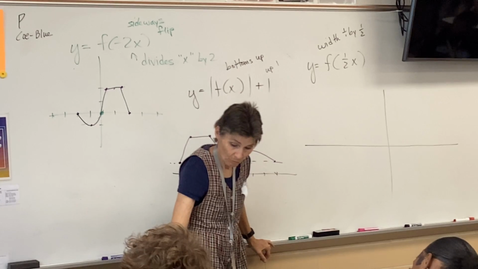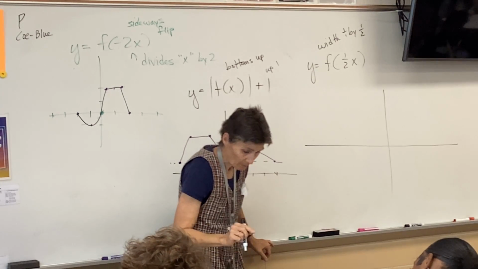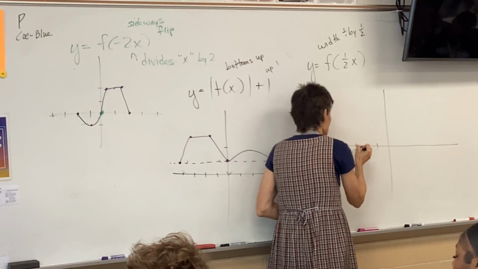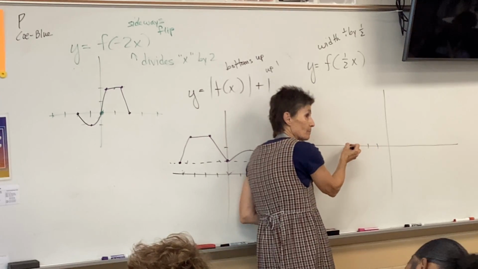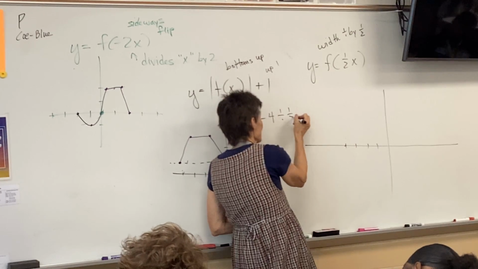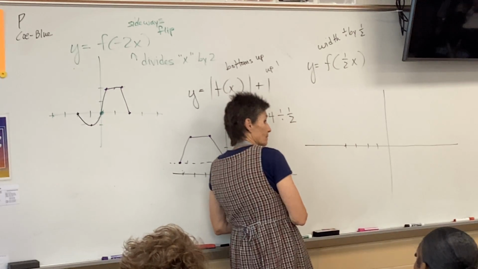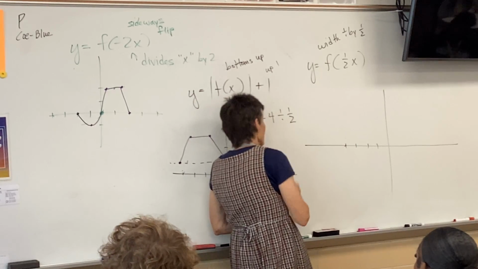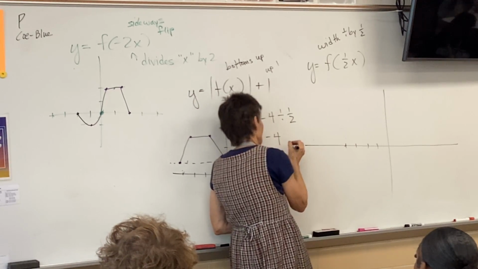So in my original picture, 1, 2, 3, 4, the original point is at -4. What is -4 divided by a half? It's not 2. It's not -2.